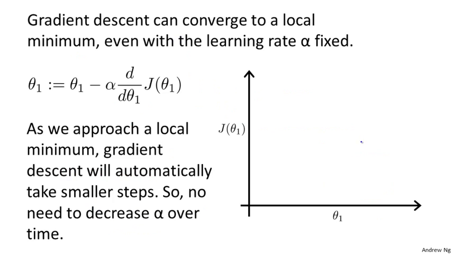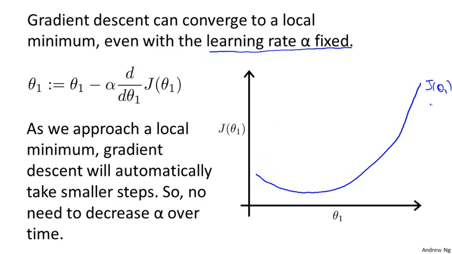This also explains why gradient descent can converge to a local minimum even with the learning rate alpha fixed. Here's what I mean by that. Let's look at an example. Here's a cost function J of theta that maybe I want to minimize. Let's say I initialize my gradient descent algorithm out there at that magenta point. If I take one step of gradient descent, maybe it'll take me to that point, because my derivative is pretty steep out there.